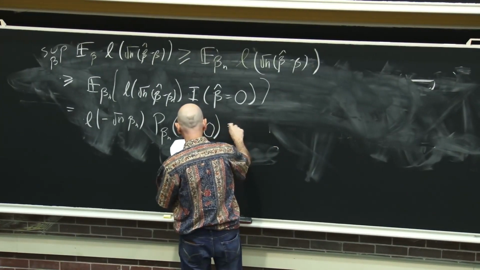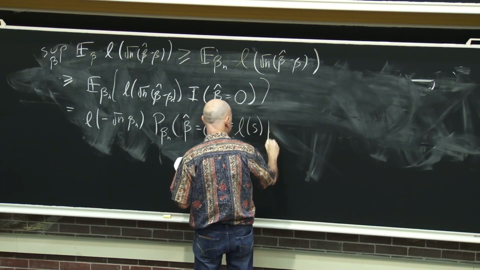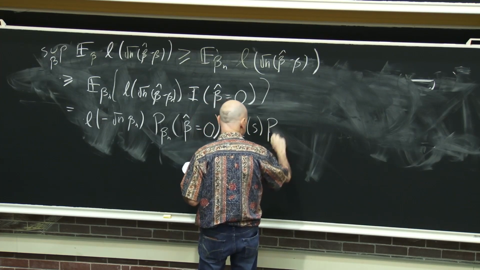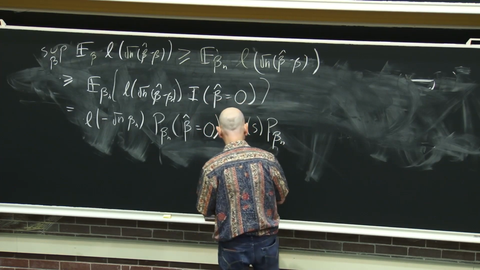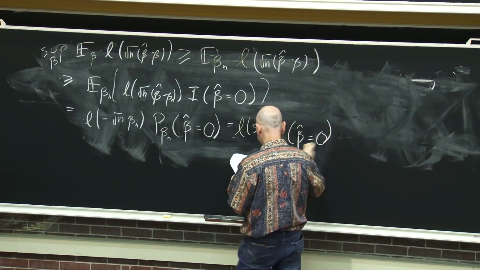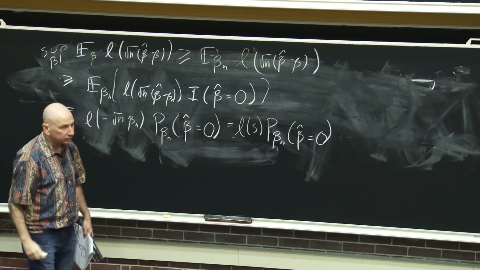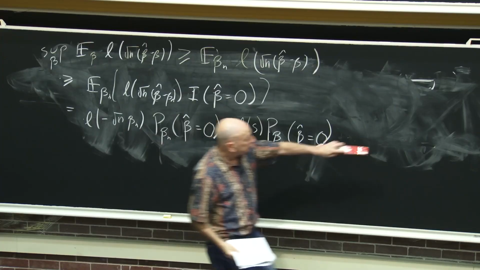So this is equal to L of s times the probability under this particular beta n that beta hat is equal to 0. Everybody with me?